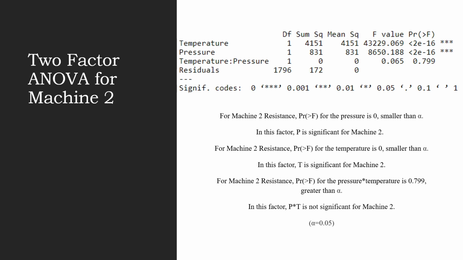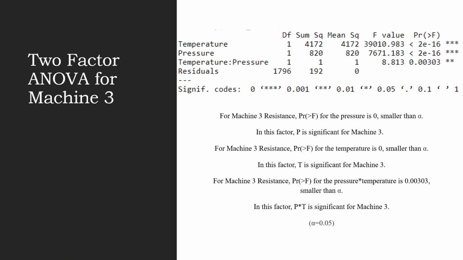Here's the ANOVA for machine 2. As we can see, it repeated the same pattern as machine 1. Both of the factors, pressure and temperature, are 0, making them smaller than alpha. Hence, they are significant for machine 2. And the Pr greater than F for the pressure times temperature is 0.799, making it greater than alpha, which also means that in this factor, P times T is not significant for machine 2.